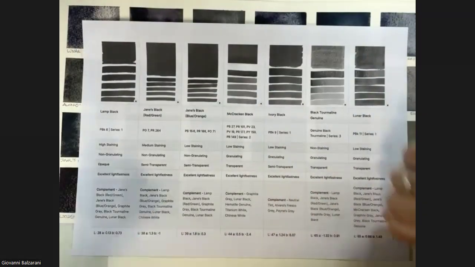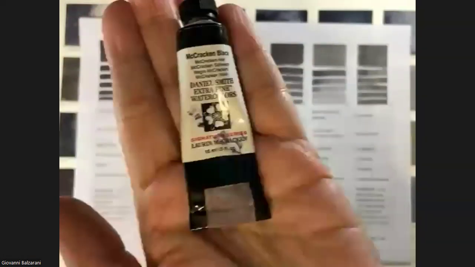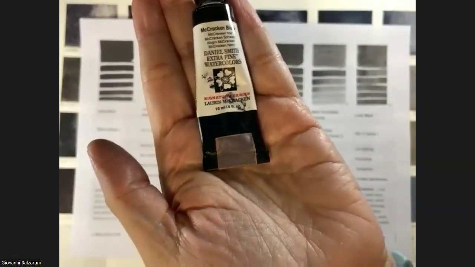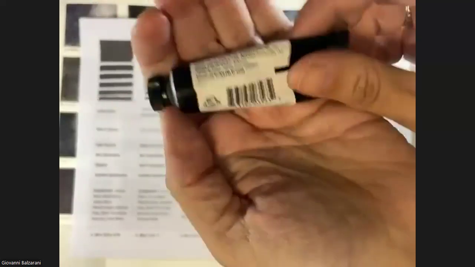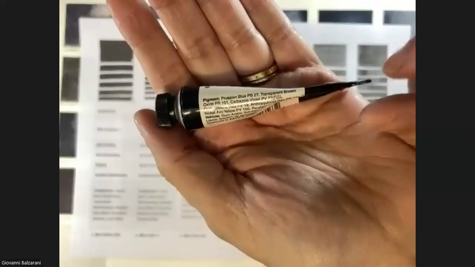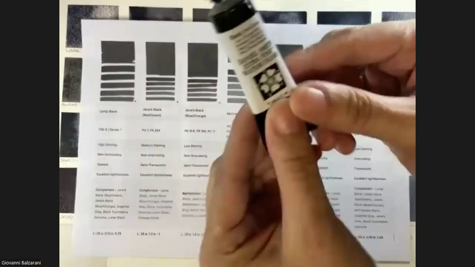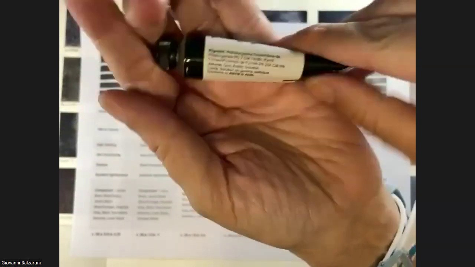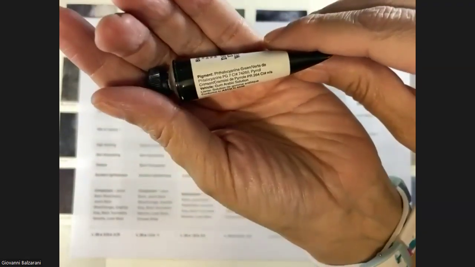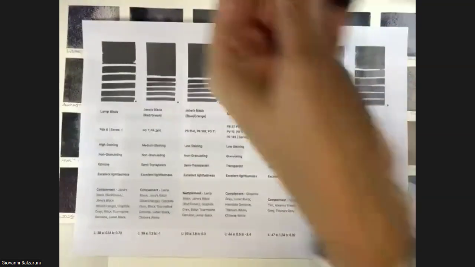So we have in the range the McCracken black. This is composed of seven pigments, and the list is here. So this is not one pigment. Then we have a Jane Black, red and green, and it has a couple of pigments here, the green and the red.